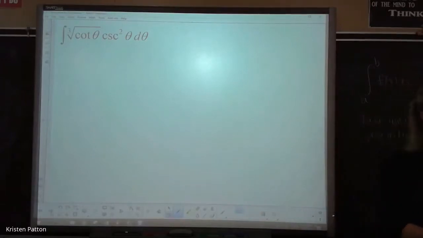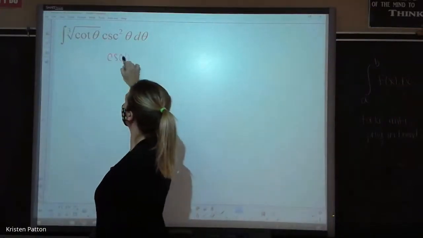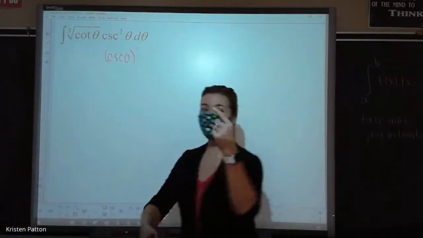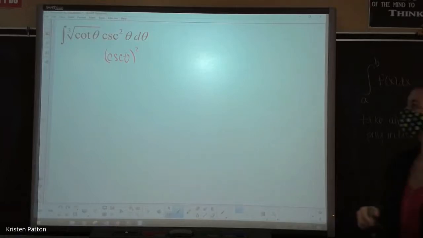Well, I've got a cotangent inside a radical, so there's something on the inside. We also, though, if you think about it, have a cosecant inside an exponent. So in this case, you're going, Miss Patton, which one are we going to use? Well, we could start with one, and if it doesn't work, we could go to the other one. It's not a great use of our time, but we could.